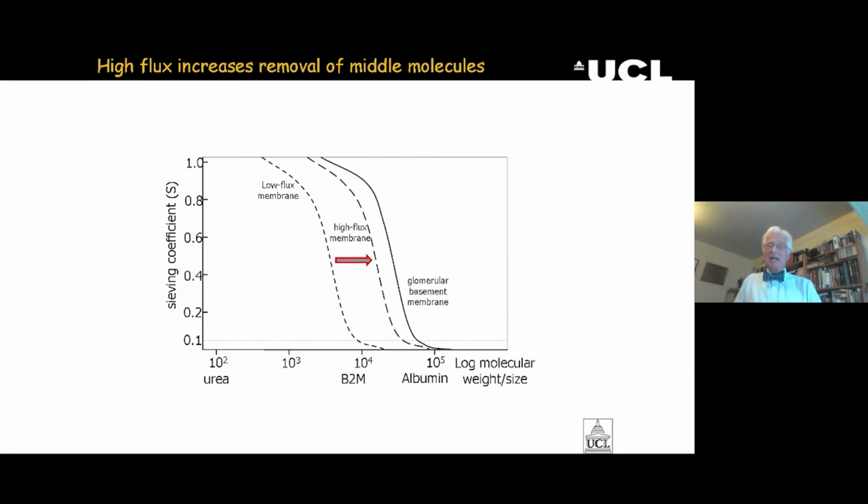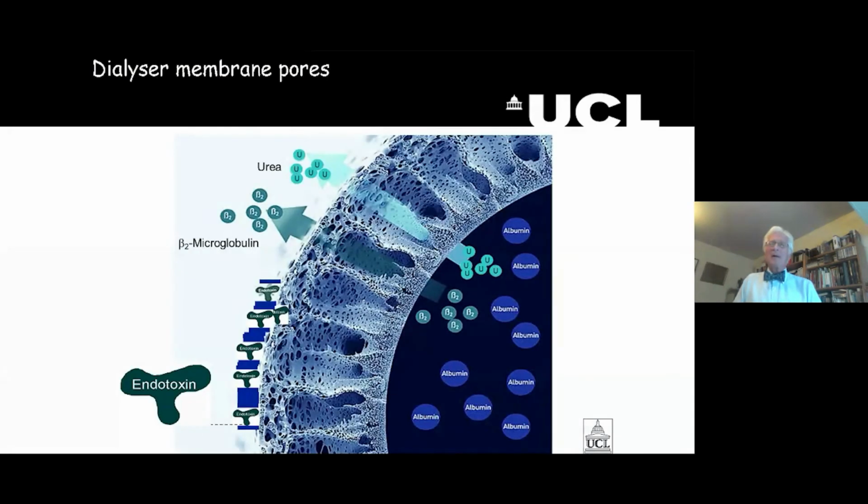And so in the next slide, if we think about what we want for a dialyzer membrane, we want a membrane that has pores that allows the removal of small molecules like urea, but also allows the movement of larger molecules, say, such as beta-2 microglobulin. But we don't want the pores big enough to allow loss of albumin or other key important proteins.